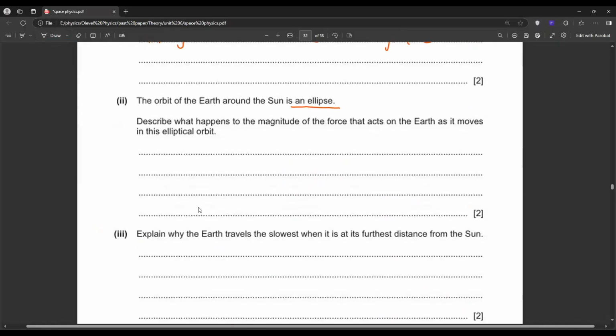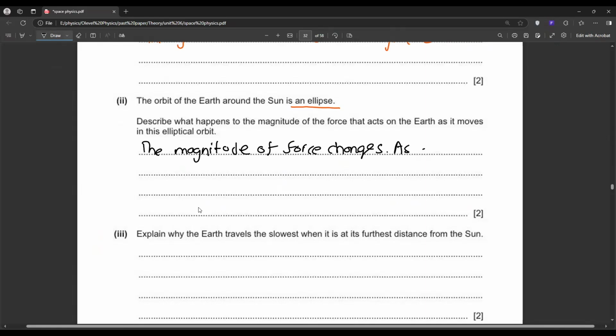So you can write it here. State what happens to the magnitude of the force that acts on the earth as it moves in this elliptical orbit. The magnitude of force changes.